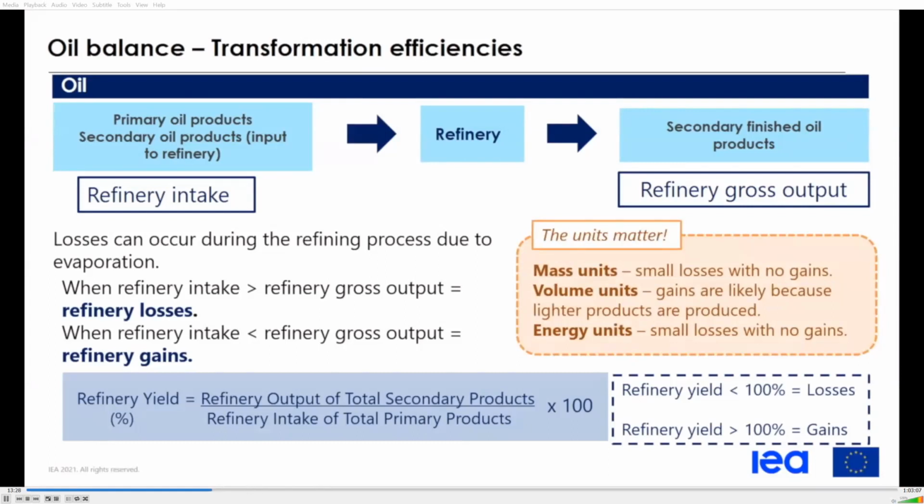Due to evaporations, you would lose in total a little bit of the carbon content, so of the energy contained in those products. But in volume units, if you calculate, for example, in liters or cubic meters, you would expect some slight gains because the secondary oil products that you are creating in your refinery are lighter and occupy more volume at the end of the refinery process.